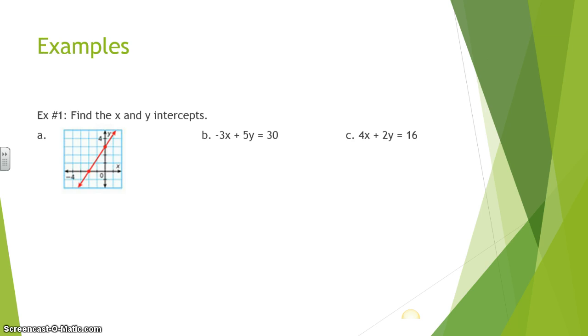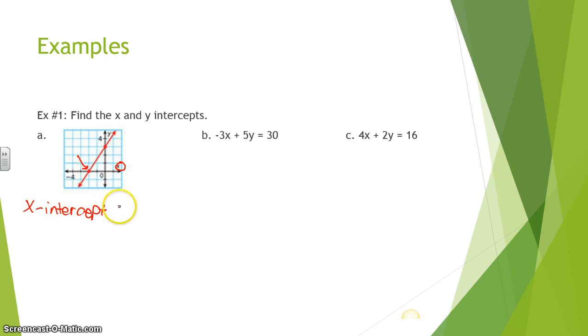Let's do some examples where we're going to be finding the x and the y-intercept. So for finding the x-intercept for A here, we're going to look along the x-axis, and where does this linear line fall on the x-axis? Well, it falls right here at the point -2.